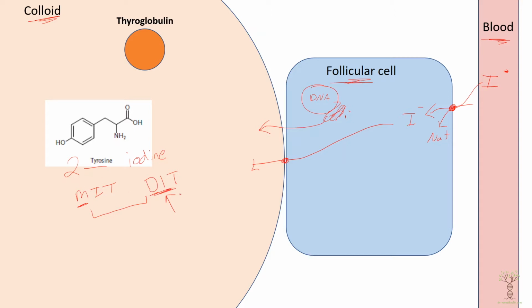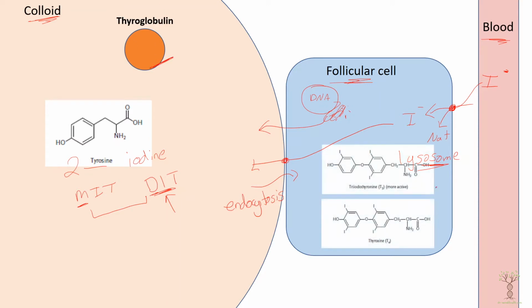So MIT and DIT, they will move back into the follicular cell through endocytosis. And once they are in the follicular cell, they are going to combine with a lysosome. Lysosomes contain digestive enzymes, and it will cleave off the thyroglobulin molecule to produce our T3 and our T4.